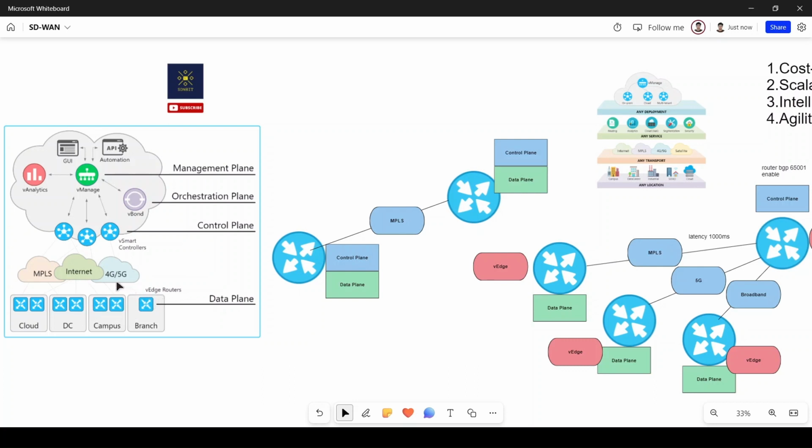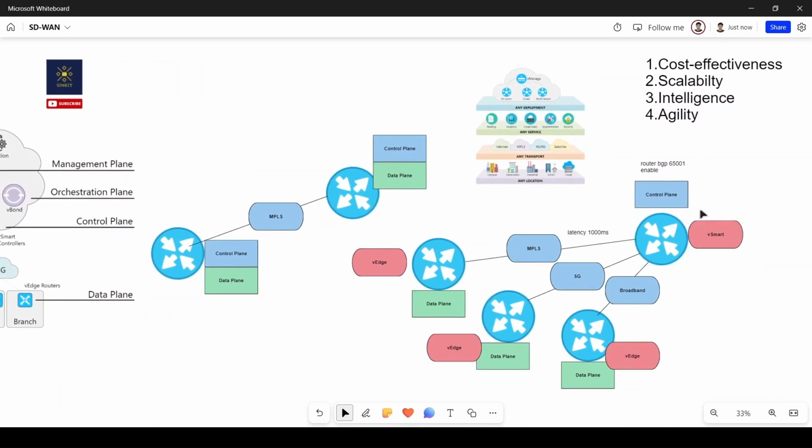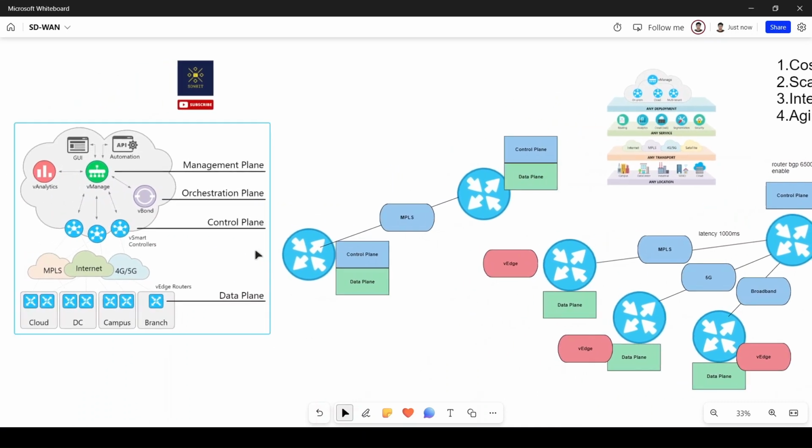They do connect using any kind of transport method to vSmart controllers, and vSmart controllers are the control plane of our SD-WAN infrastructure. They are basically the brain of the SD-WAN network. So this is actually a very good description of the control plane. And let's just put it here so that you can see the vSmart is basically this brain. That's a brain. Cool. So let's continue.